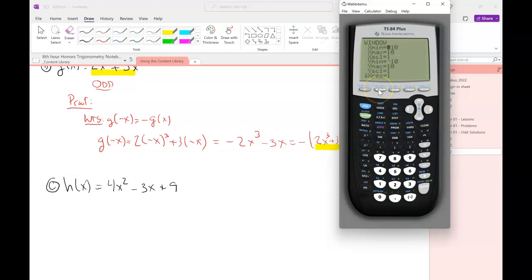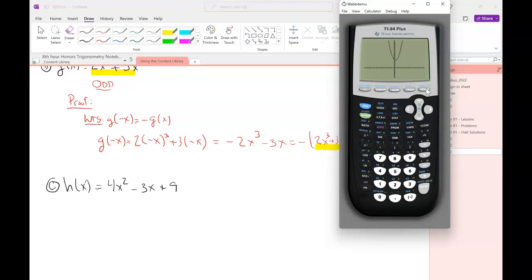So we'll change our window. What part of the window needs to change to go up? The y's or the x's? The y's. Right now it's saying the bottom of my graph is at negative 10 and the top of the graph is at positive 10. What should change? The top should get bigger or smaller? Bigger. I don't know, let's guess 30. That seems probably like enough. That's a bit better, right?